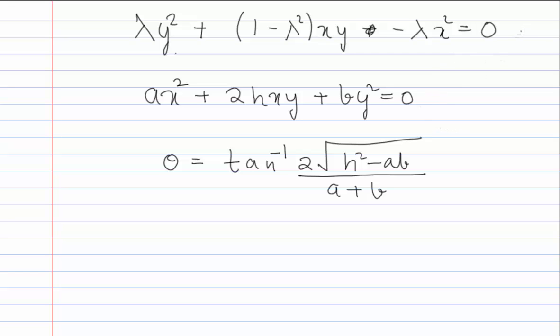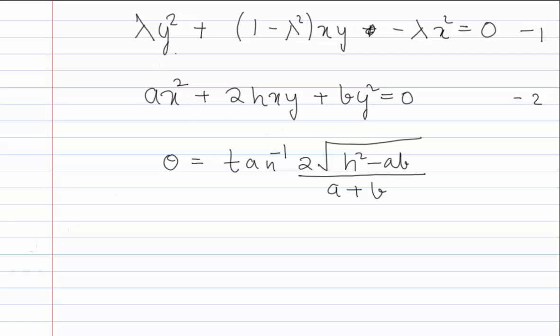Let's say this is equation 1 and this is equation 2. I want to divide both sides of equation 2 by a so that I can compare this easily. Actually, no, we don't need to, because in this equation the coefficient of x square is not 1, and the same is the case with this equation. So we have coefficients in each of the terms, so we don't need to divide. We can simply compare these two equations.